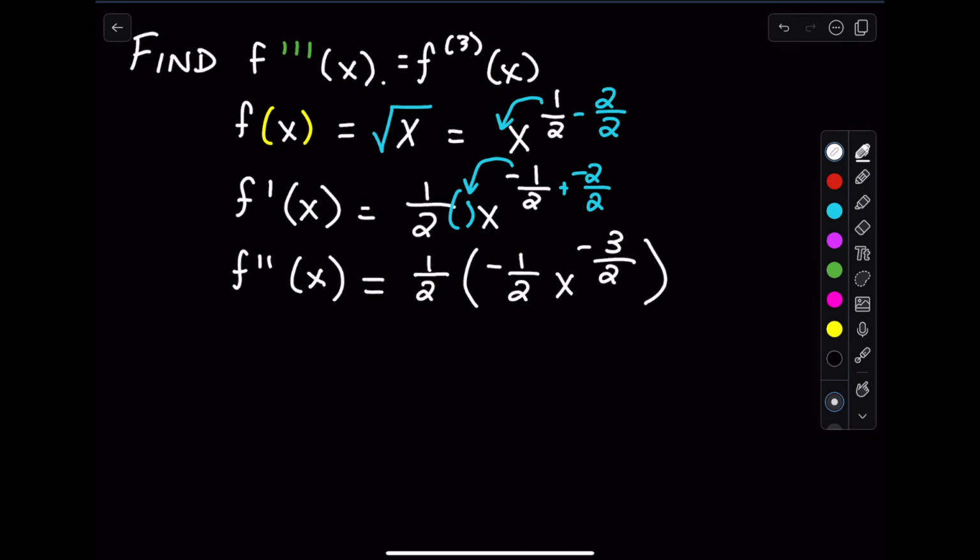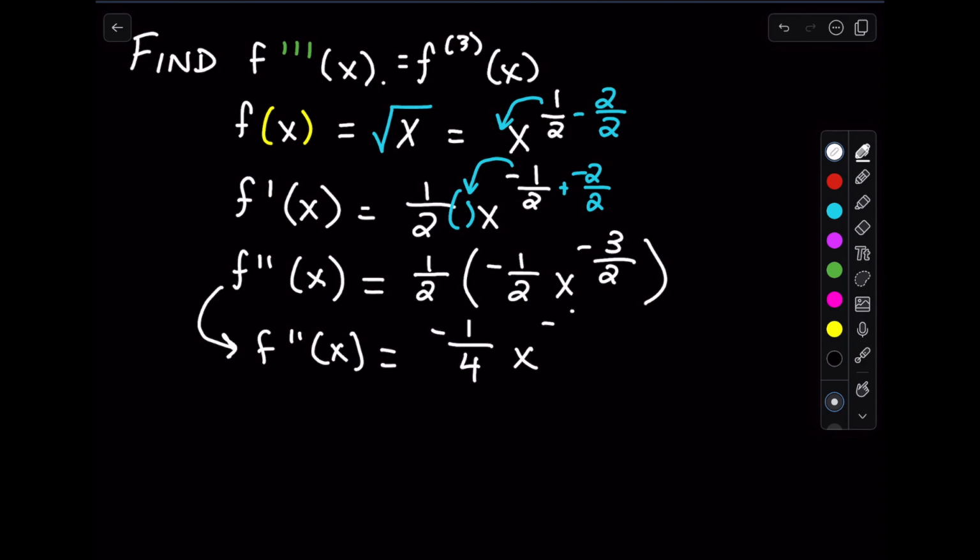So we just want to be careful with our signs here and make sure to carry through the parentheses as we go so we don't make any simple mistakes. Just to simplify that further, that is the same as negative 1/4 times x to the power of negative 3/2.